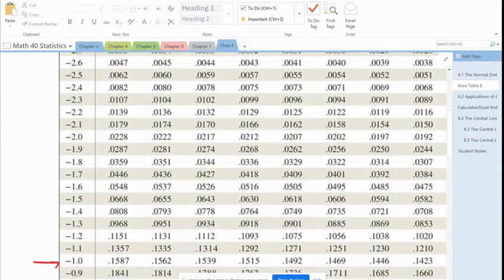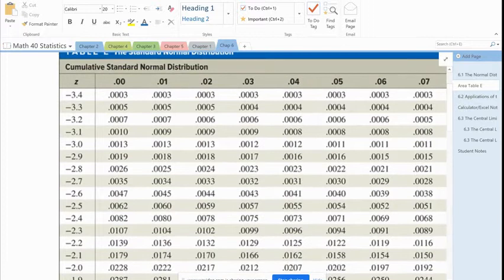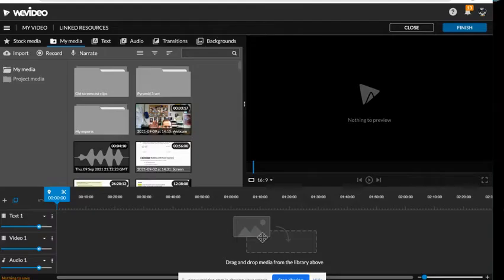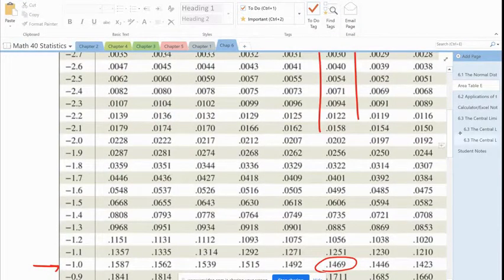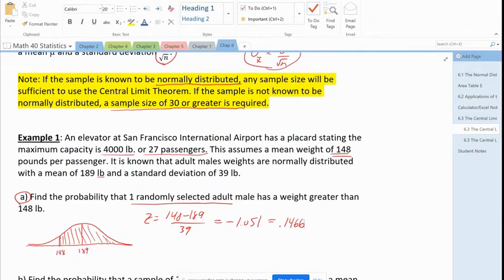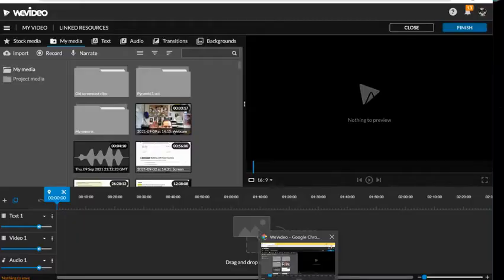Negative 1 is here, 0.05 is this column, and so negative 1.05 is giving me 0.1469. So that's using the table, we get 0.1469. Or using the graphing calculator, we should get a more accurate answer because we're able to put in more decimal places.